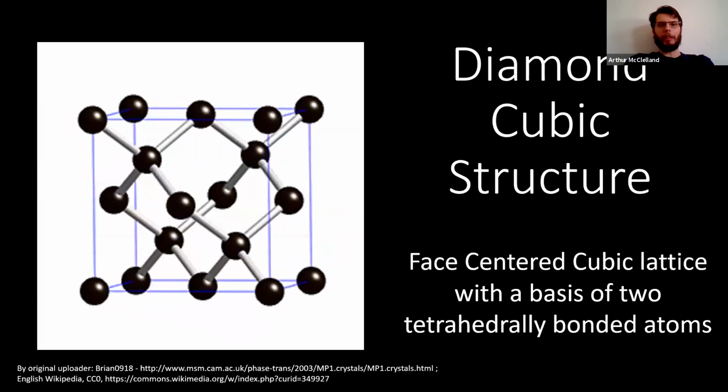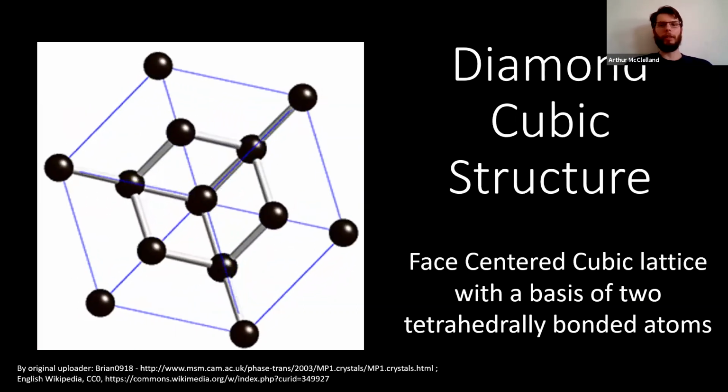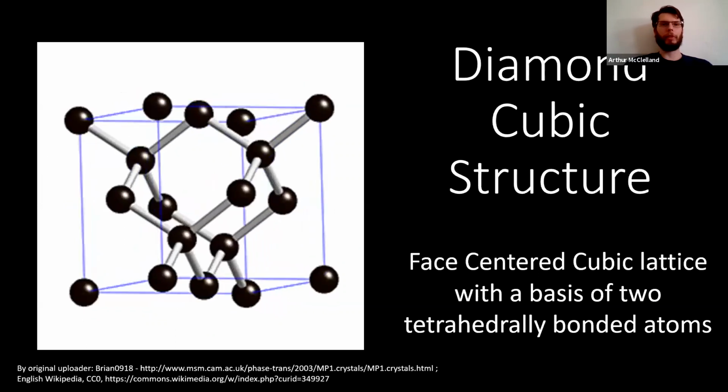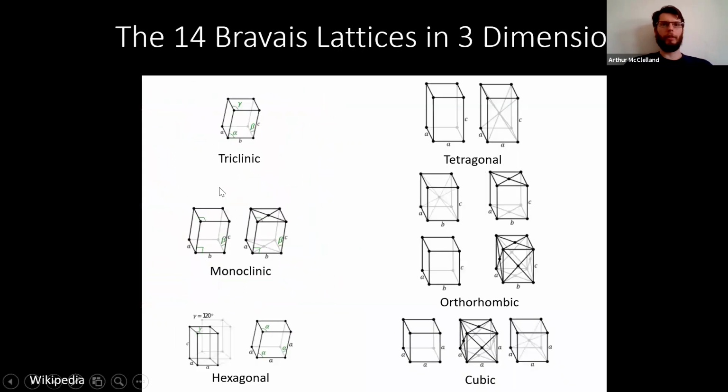It's a face-centered cubic lattice, and then the basis is actually two tetrahedrally bonded atoms. So the face-centered cubic has a site at each corner and a site in the middle of each face. And for the diamond cubic structure, in diamond, it has two carbon atoms.